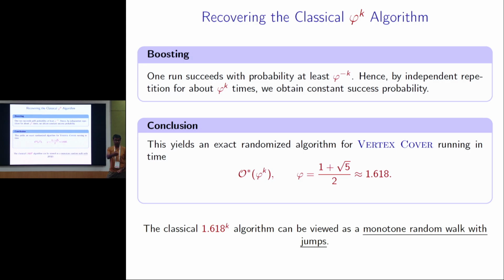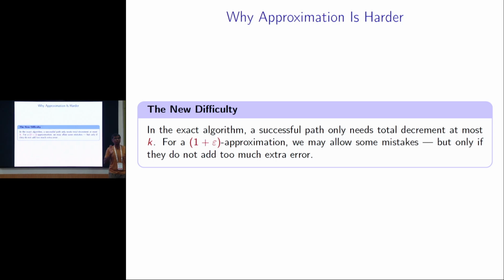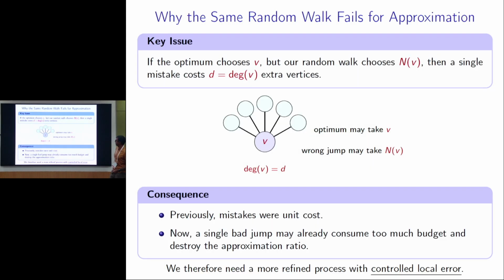Now let's go back to what Siddharth was saying. What is the set of difficulties that this random walk faces? In the exact algorithm, a successful path always needs to move this side. But if I allow you to stay, what is the meaning of stay?